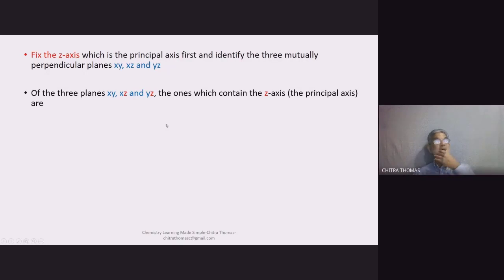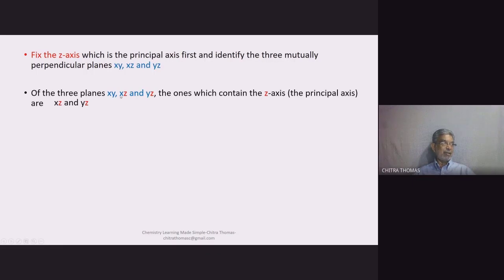Now, look at this. It's quite interesting. Of the three planes, XY, XZ, and YZ, the ones which contain the Z axis are what?